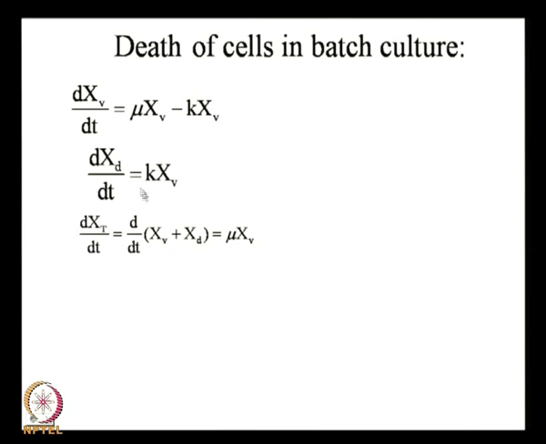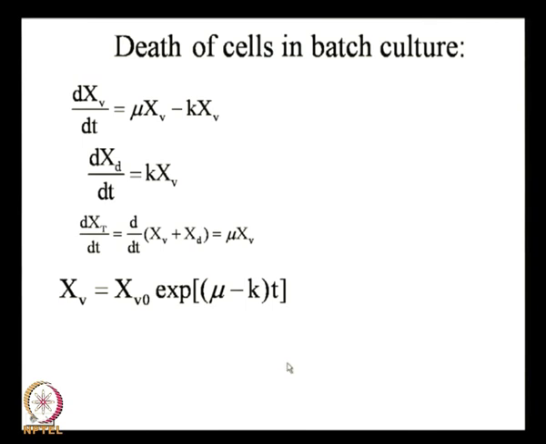So again, you see that we do some kind of invariance out here. We say the total number of cells that you have in the system, like we did in the last class, is not a constant, but it's increasing or decreasing with time, and that is mu times x_v. Okay, fine.